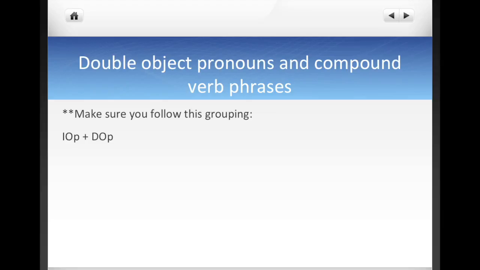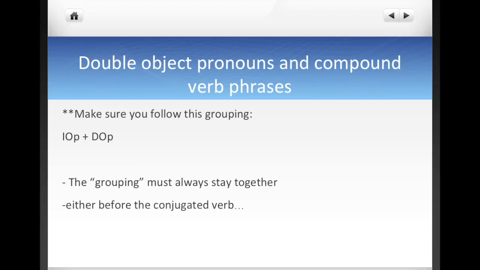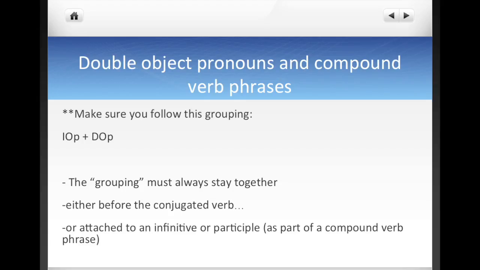Keep your indirect object and your direct object pronouns together, always putting the indirect object pronoun first. This has to stay together whether or not you place the grouping before the conjugated verb, or if you attach it to an infinitive or participle as part of a compound verb phrase.